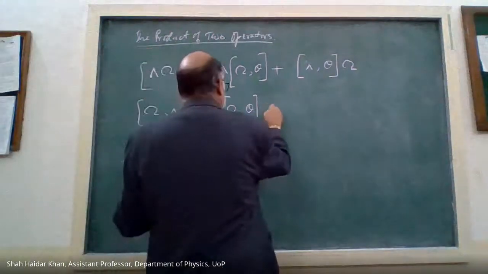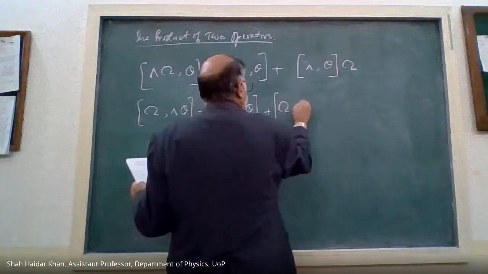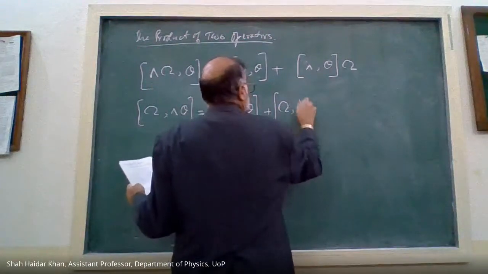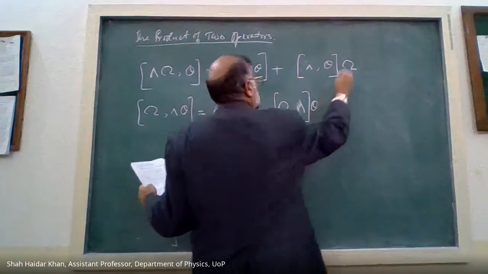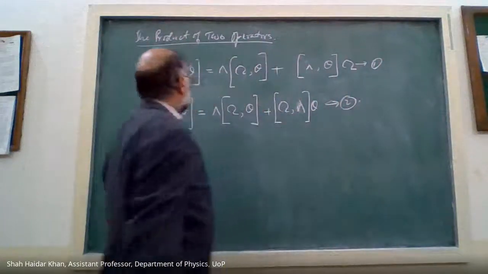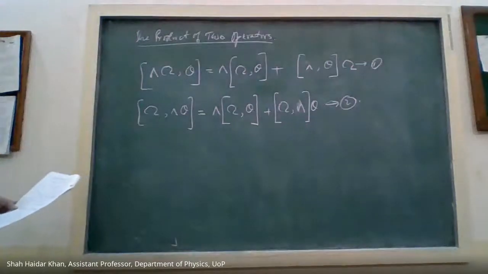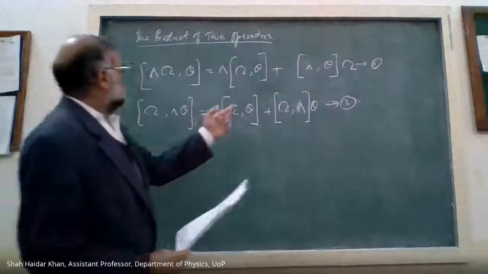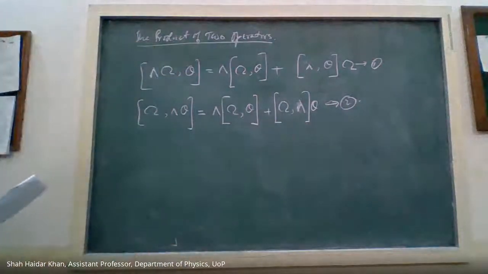And then plus omega acts on lambda, or commutes with lambda, and then theta. So suppose this is equation number one, this is equation number two. Right? They are not equal. The main difference is here in the second situation.